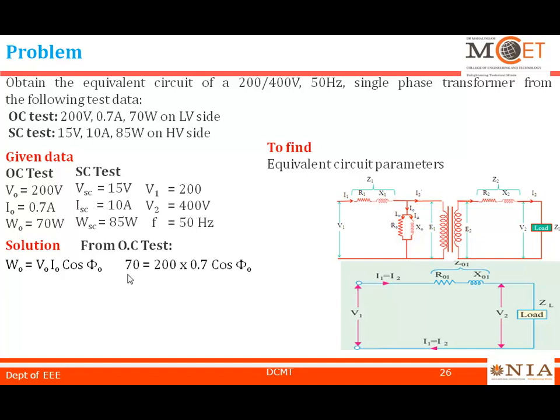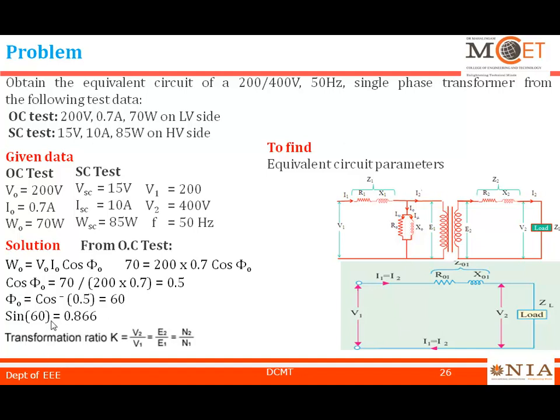So cos theta is equal to 70 divided by 200 into 0.7, which gives 0.5. Taking the cos inverse, we get 60 degrees. Now sin 60 is equal to 0.866. This is your sin theta value.